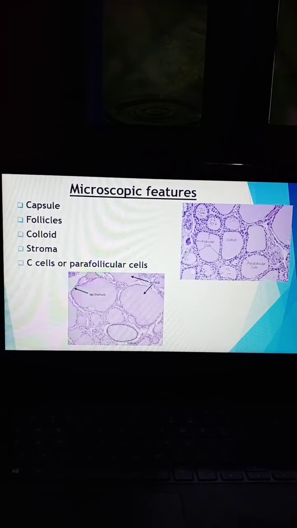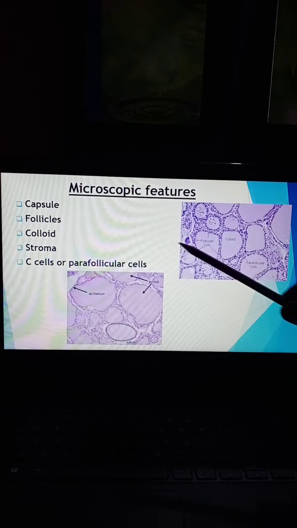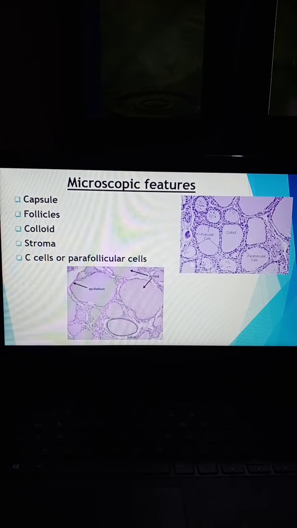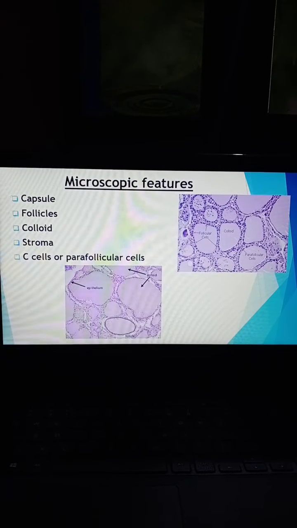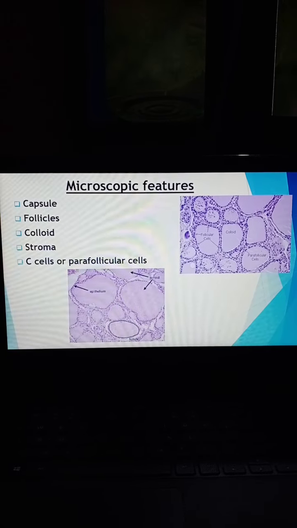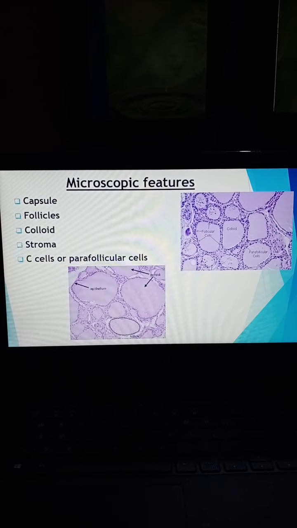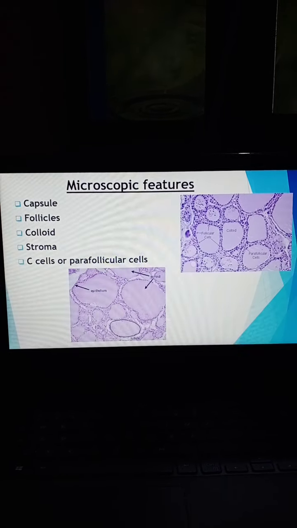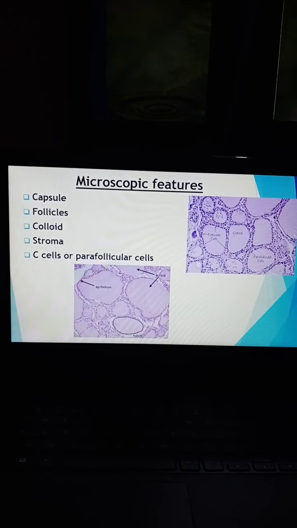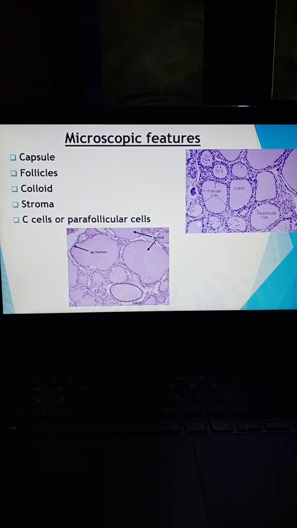First is capsule. The thyroid gland is covered by a dense irregular connective tissue capsule derived from the deep cervical fascia. Parathyroid glands are embedded within this capsule only. Septa extending into the gland from the capsule divide it into lobules.